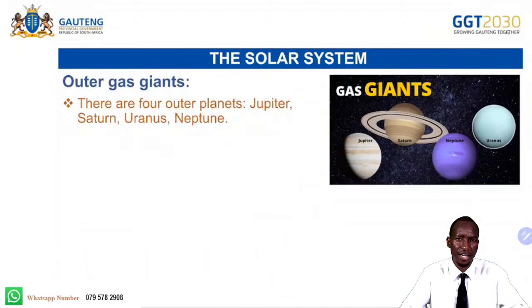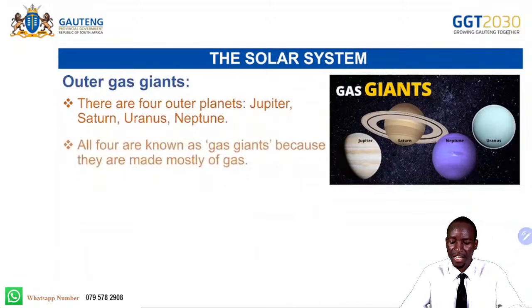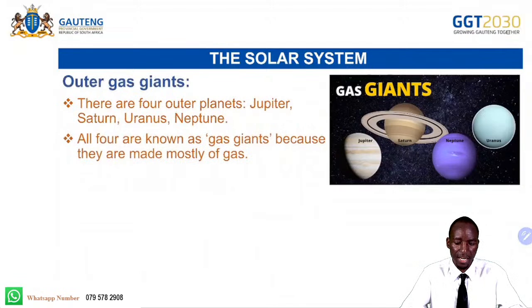These 4 planets make up this other special group of planets, which is called the outer gas giants. Why are they called gas planets? It is because their surface is mainly made up of gas, hence the name gas planets.